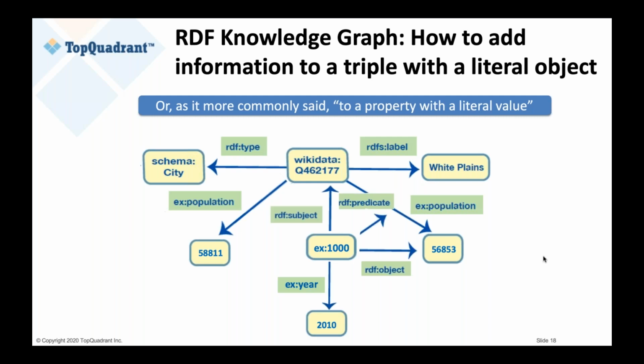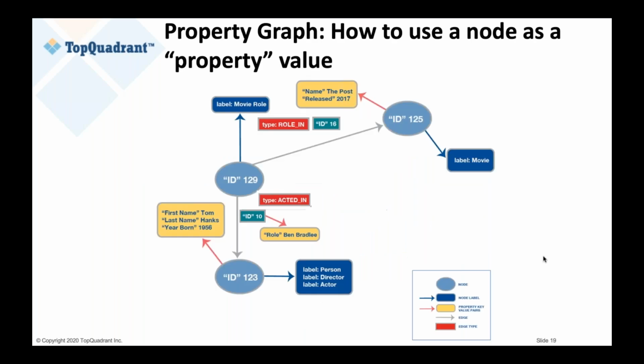So we introduce a new node and annotate it, saying that it's for a given year. With that, my graph has grown, but it has not changed. So if I had queries or programs that were retrieving population values, they still work. There is additional information I could expand to take advantage of, but I haven't broken anything in my evolution. Let's take a look at another example.